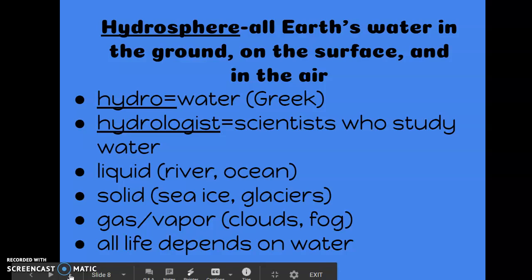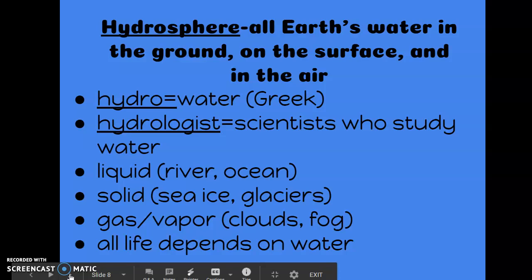And so some examples of liquid hydrosphere examples are river, ocean, pond, creek. You probably can think of some more as well. So it would make sense too if we moved into thinking about the solid, that solid examples would include sea ice and glaciers.